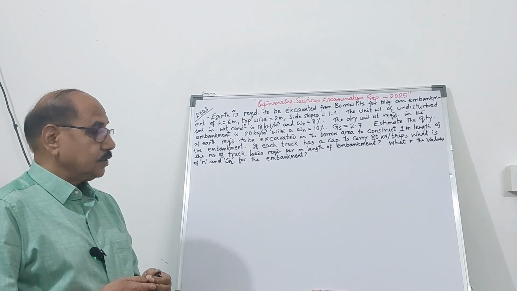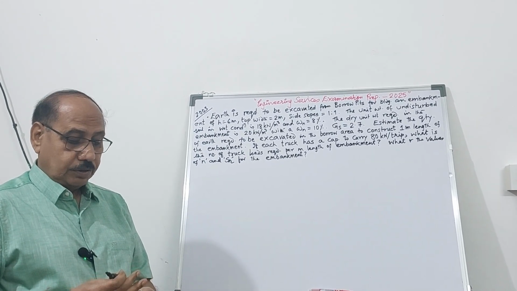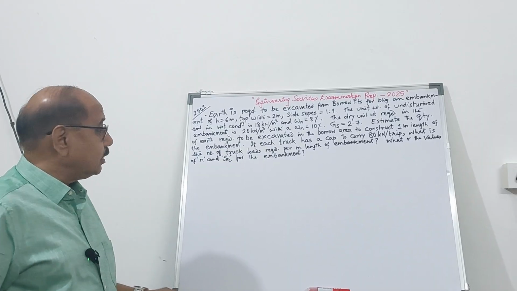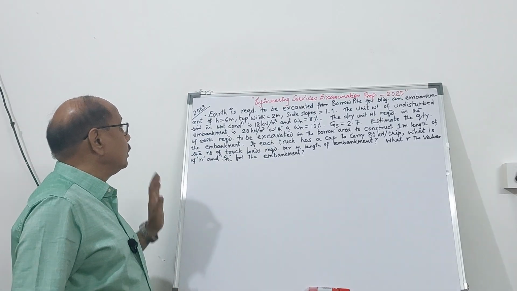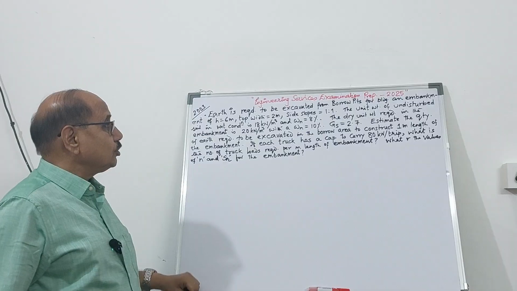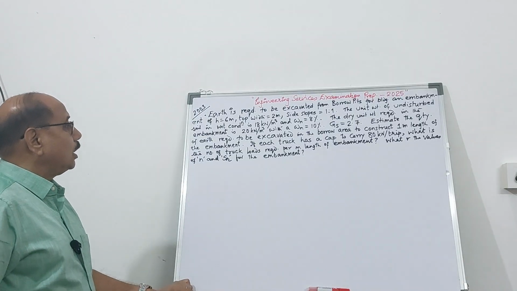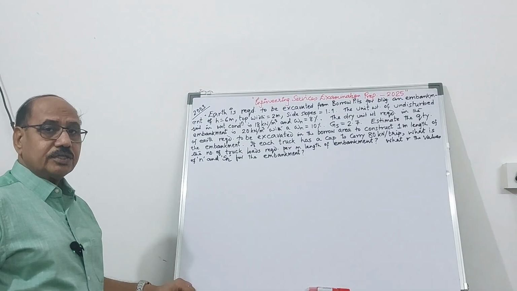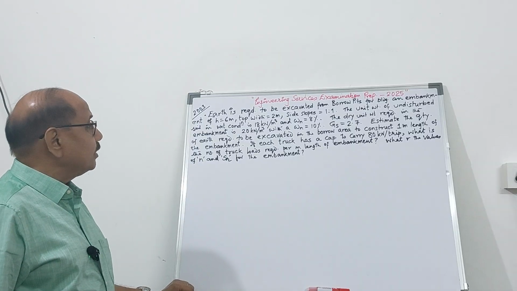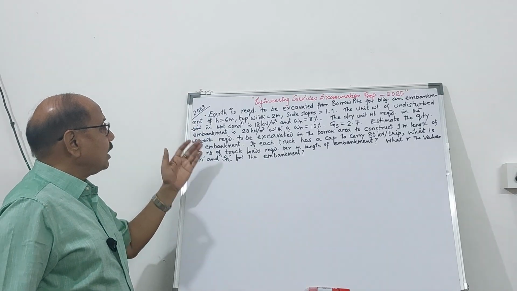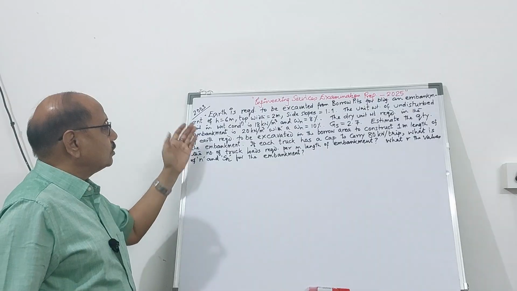Hello, friends. So, in continuation with the previous video, there's a 2003 question related to construction of an embankment, and the problem is like this. It is of 15 marks.